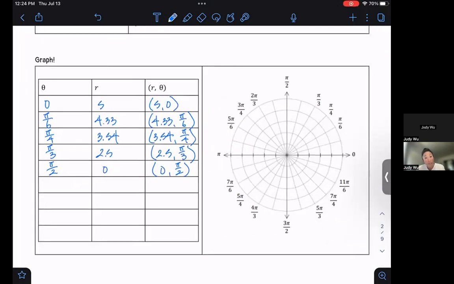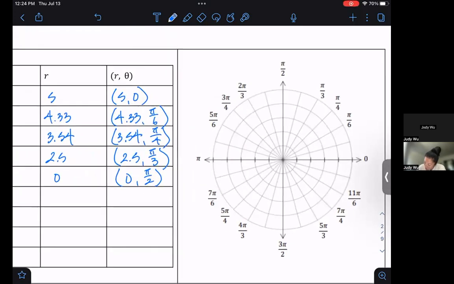All right, so let's plot these points and see what we get, okay? So 5 comma 0. I'm going to go to pi over 6, and I'm going to go out 4.33. I'm going to go to pi over 4, and I'm going to go out about 3.5.